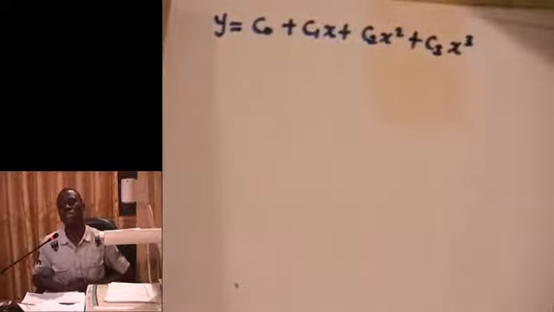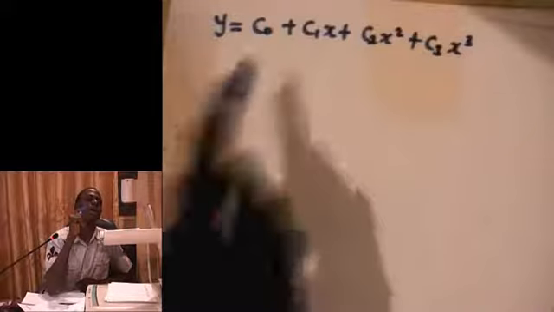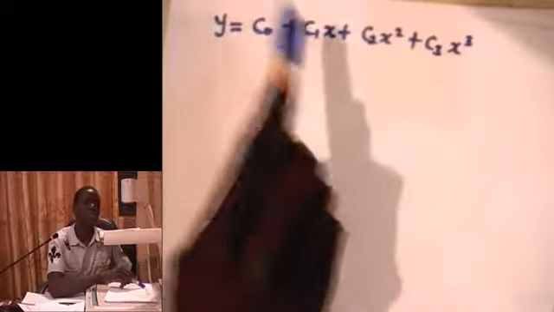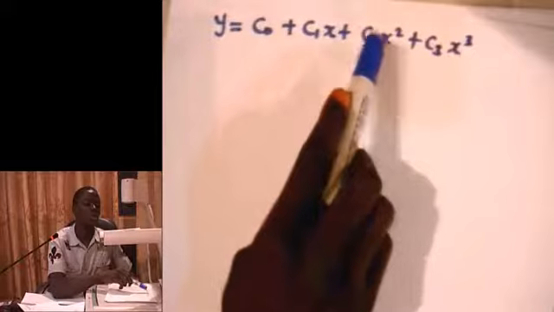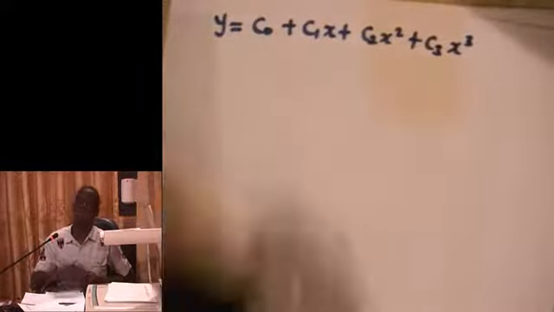The resulting differential equation should be of what order? 4. Why? Because there are 4 arbitrary constants: c0, c1, c2, c3. So it means we are differentiating 4 times.